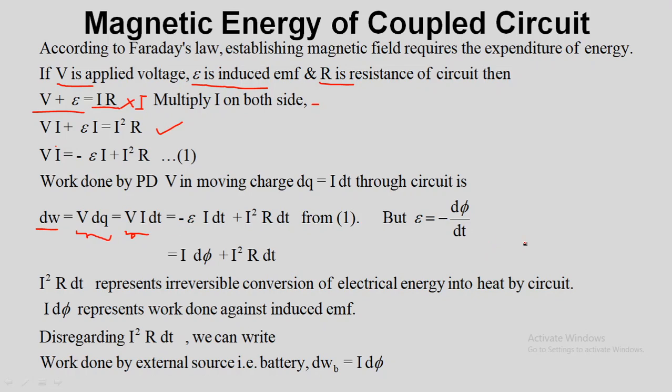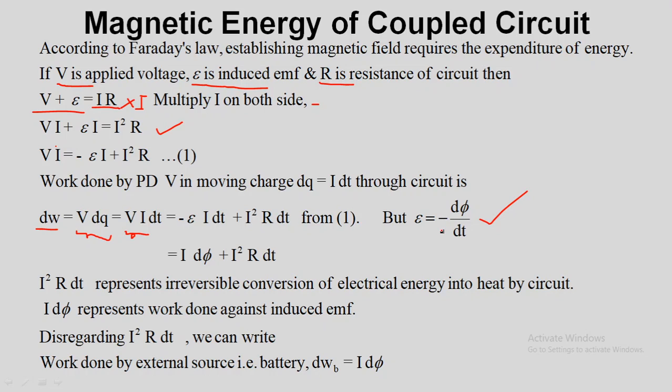Then we use Faraday's law. Because the flux is changing over this circuit, EMF is induced, and that is equal to minus d phi by dt. EMF induced is proportional to the rate of change of the flux, d phi by dt, and the minus sign comes due to Lenz's law.